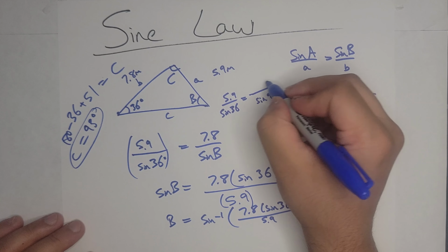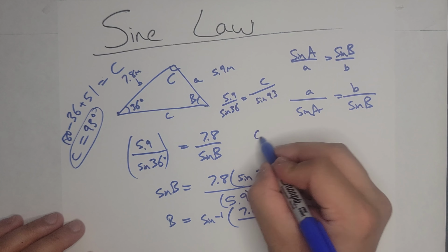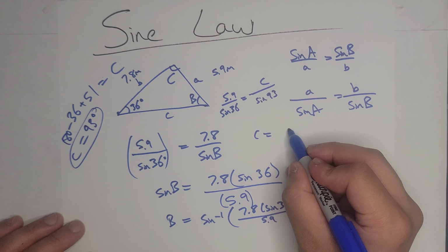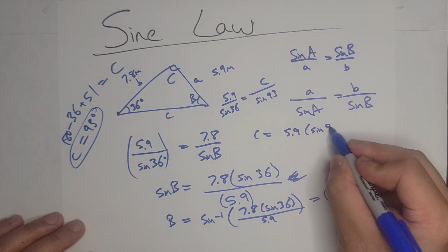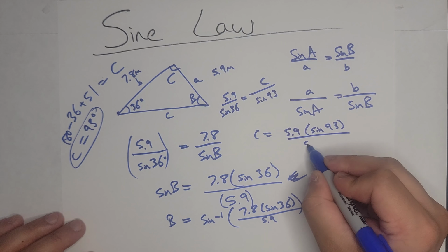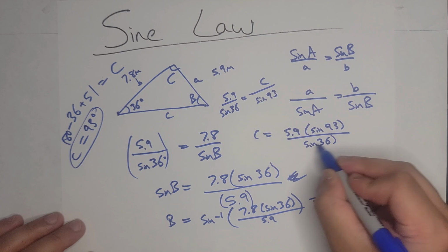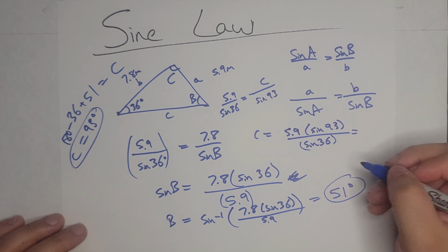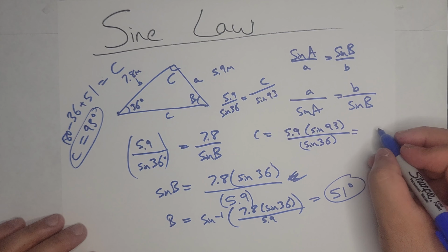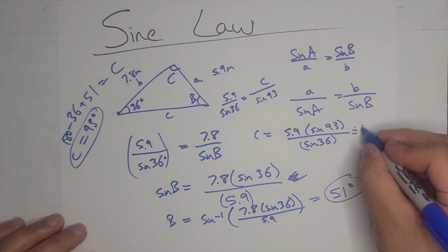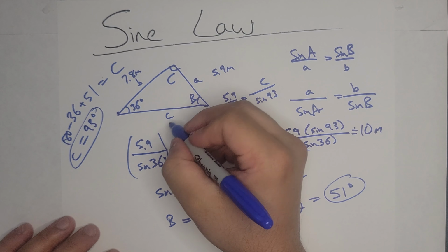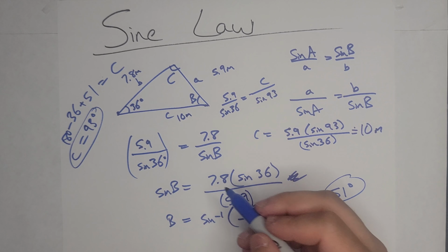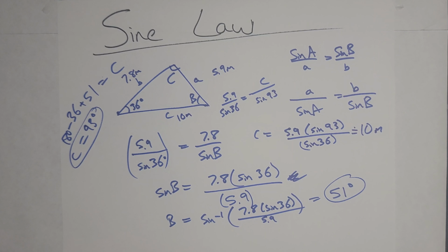That's that one over C. So now C is going to be 5.9 sine 93 over sine 36. Punch that into a calculator, and I got about 10 meters. Remember, I have meters in my units always.